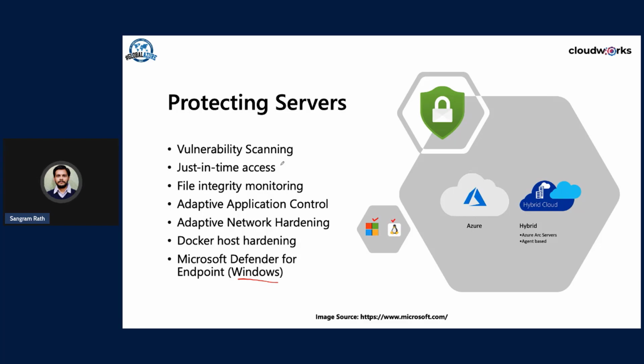An unhealthy resource is nothing but a VM that has recommendations around hardening your network. Maybe you have opened port 22 and 3389 from anywhere, 0.0.0.0/0, right? Something like that. So you can define rules and harden your network using adaptive network hardening.